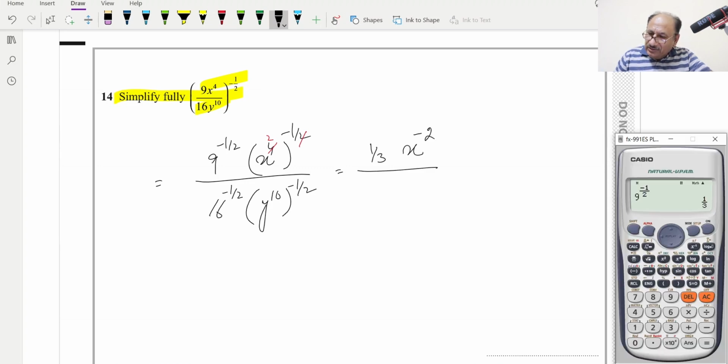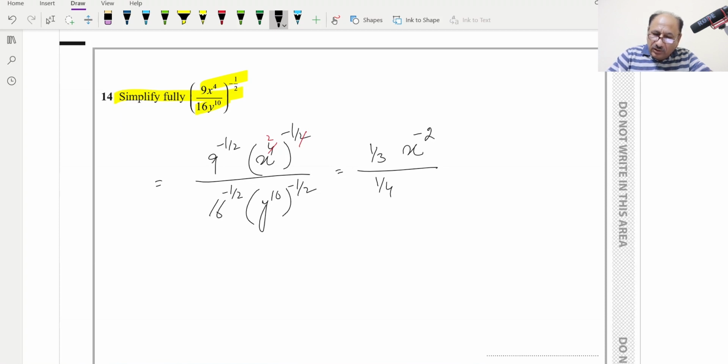Similarly, 16 raised to the power minus 1 over 2 is equal to 1 by 4, and for y we can cancel 2 with this, it will be 5, so it will be minus 5 over here.